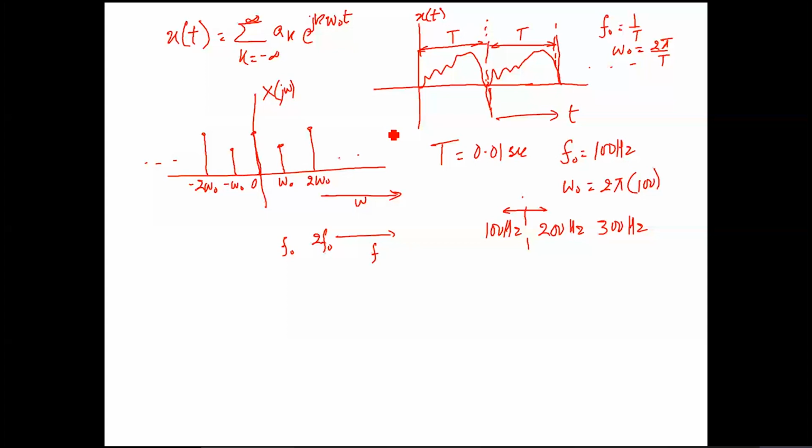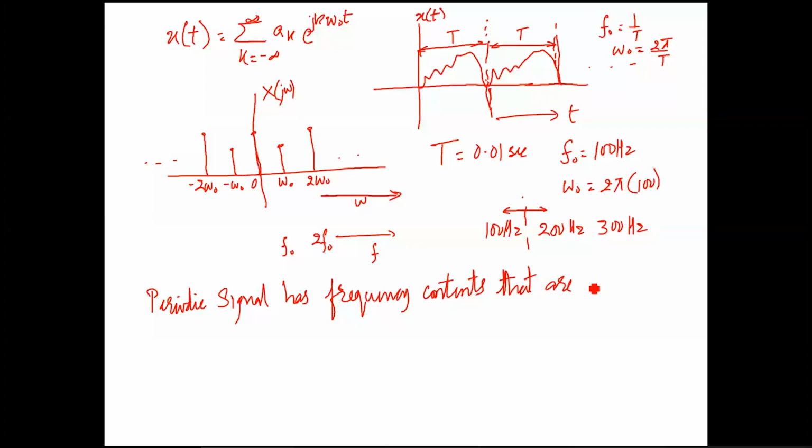So this type of concept is very important, and let me write it here because this is something which we engineers are supposed to know. If you have any periodic signal, then a periodic signal has frequency contents that are multiples of the fundamental frequency.